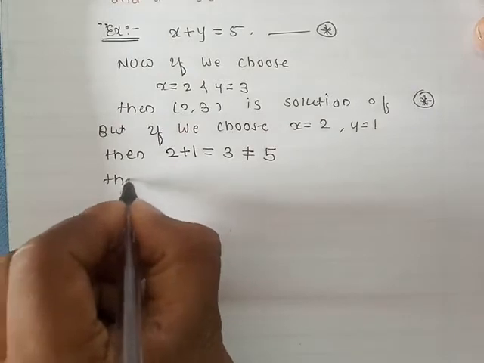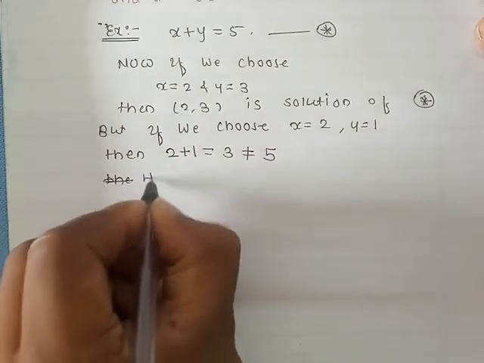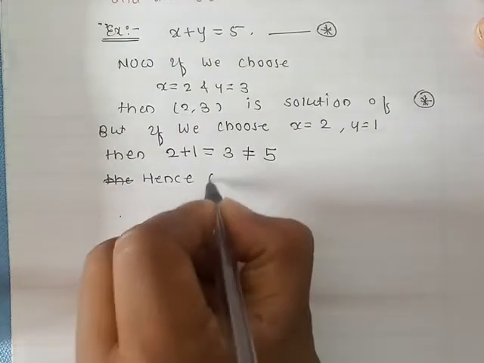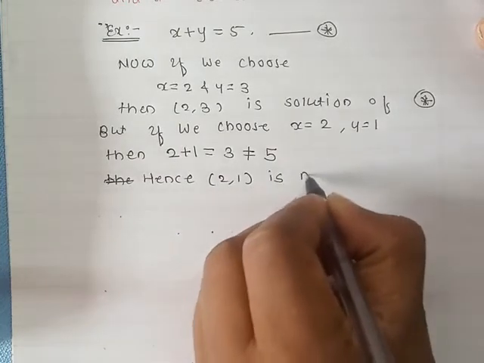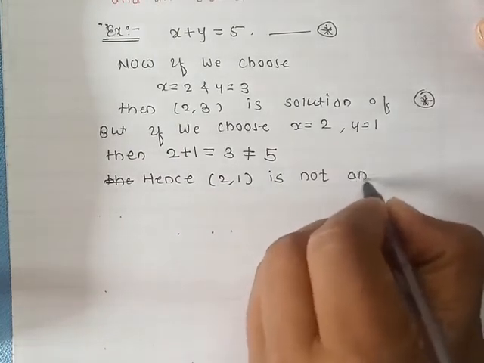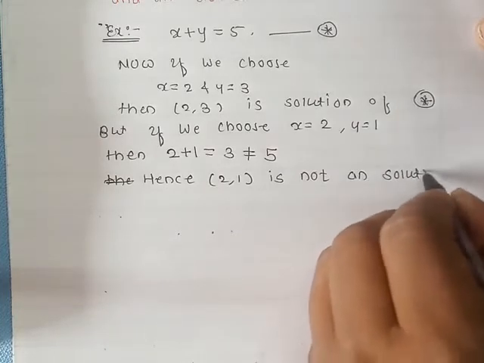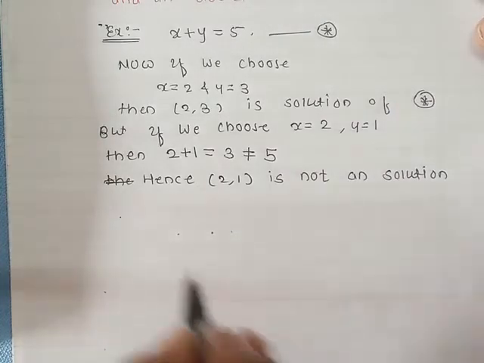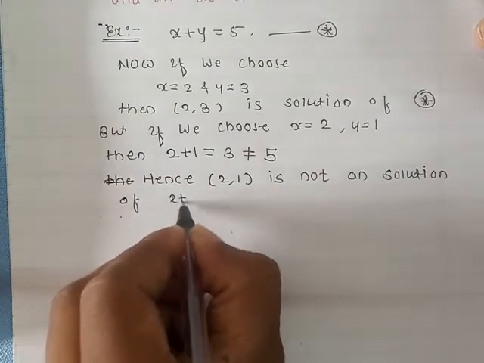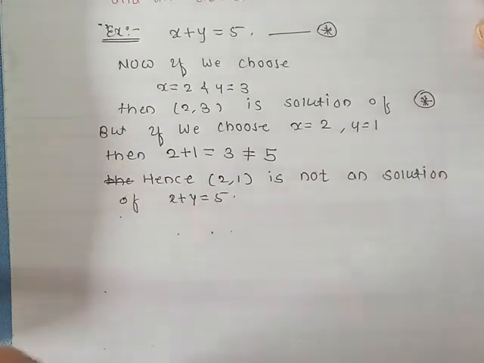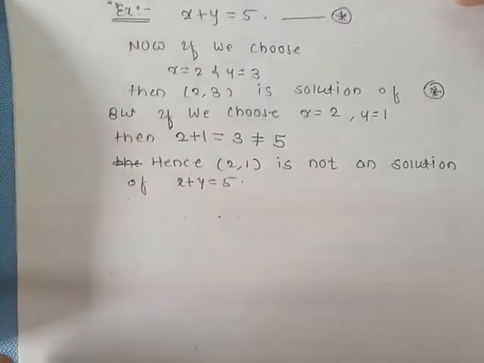Hence 2 comma 1 is not a solution of x plus y is equal to 5.